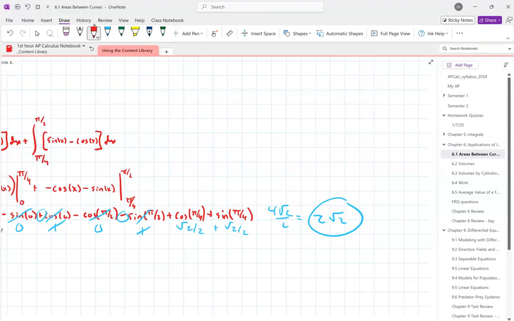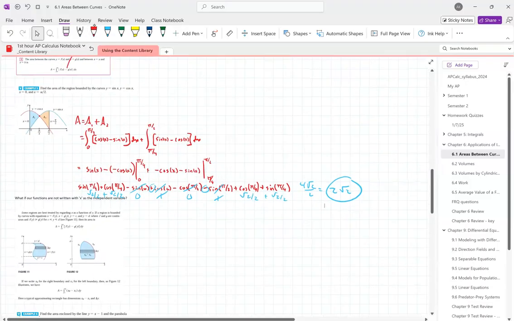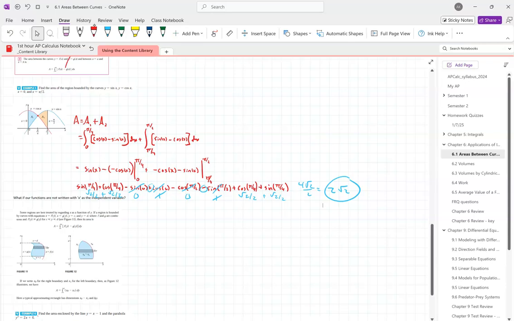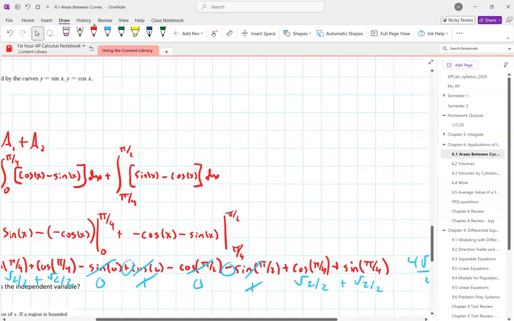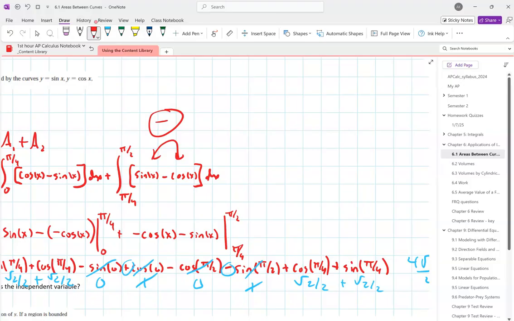Michael? Do you explain how it's the same when you're doing a calculator as the absolute value? Yeah, so the reason that we had to flip is because if we didn't, that area was going to be negative, right?